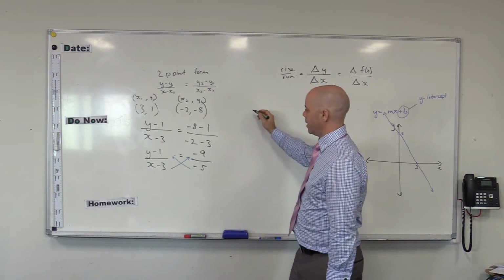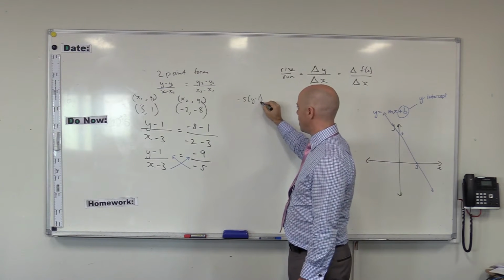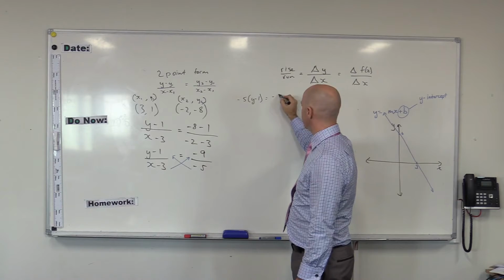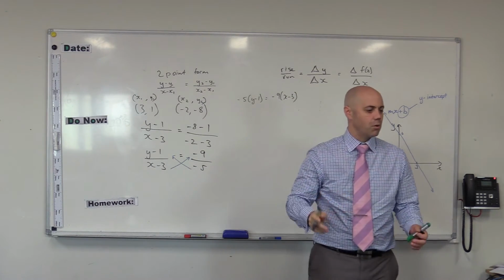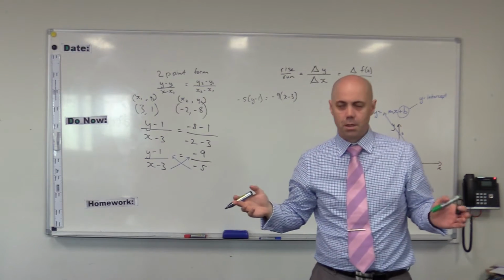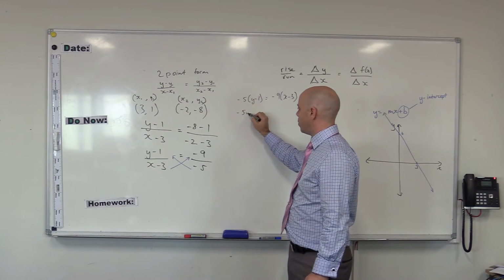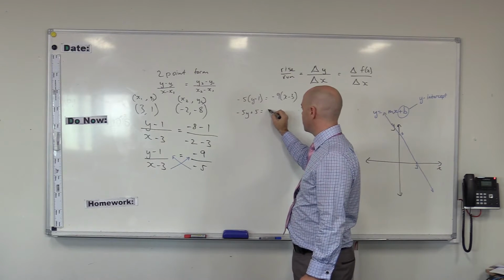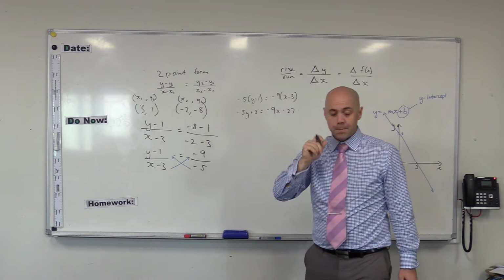So we have negative 5 times y minus 1 equals negative 9 times x minus 3. Let's get rid of the fractions. So it's negative 5y plus 5 equals negative 9x plus 27.